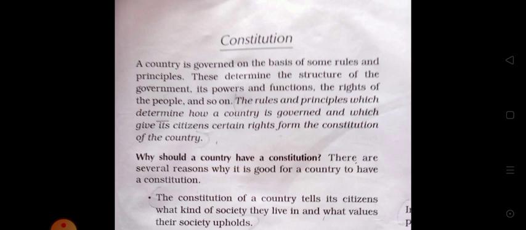Everything is clearly mentioned in the constitution of a country.